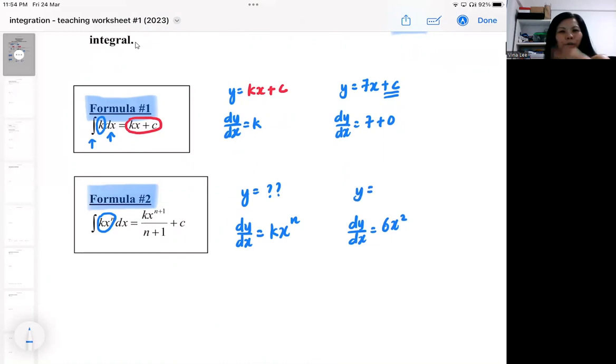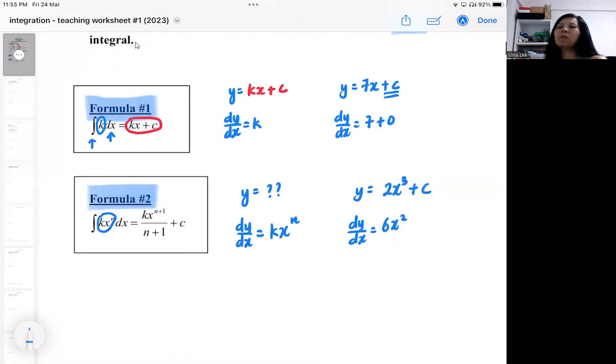For those of you, if you are fast enough, you can think backwards. Numerically, you can try to think backwards. So you will realize that it actually comes from 2x cubed. It will come from 2x cubed. But there may be an unknown number.